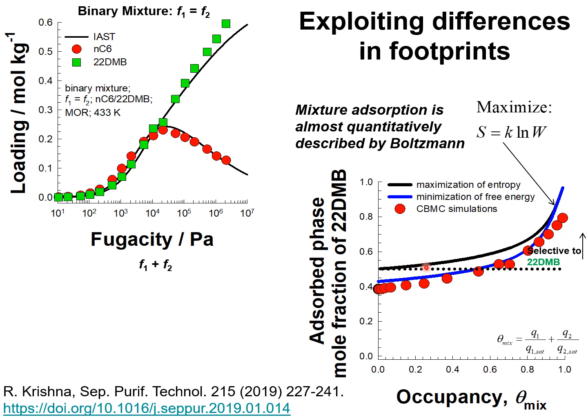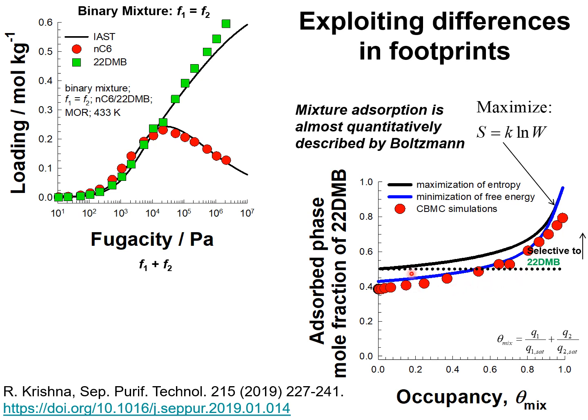The black line is the entropy maximization curve determined from the Boltzmann equation, S is equal to k log W, where W is the Wahrscheinlichkeit, the formula for which was described earlier in this presentation. We note that the maximum S curve qualitatively agrees with the Monte Carlo simulations of mixture adsorption equilibrium.